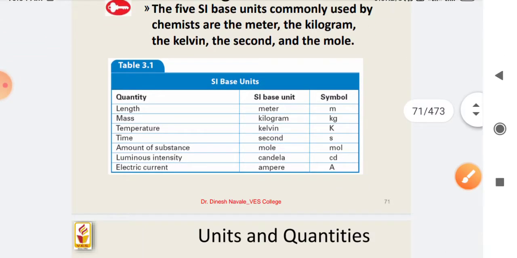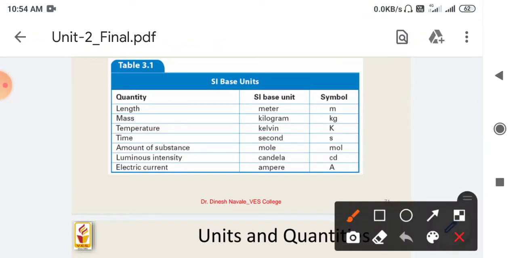Out of these 7 we generally use the first 5, and the remaining 2, luminous intensity and electric current, are mostly used in physics.